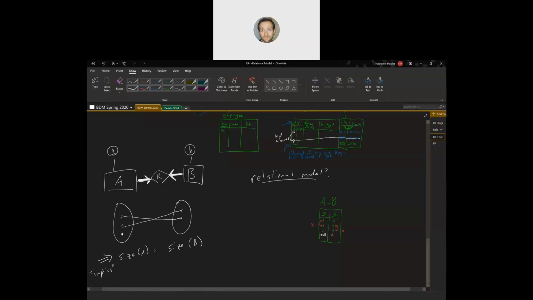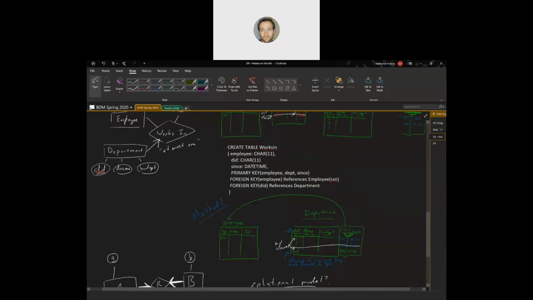This is also not allowed because primary keys don't have null values, and great. So that's good. Right. So if you were to actually write this table, in fact, let me just do it. Keep the same font here.